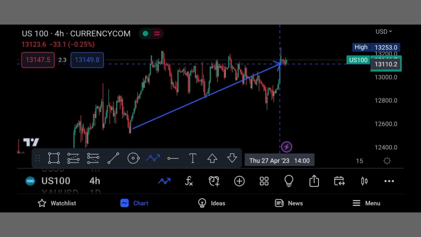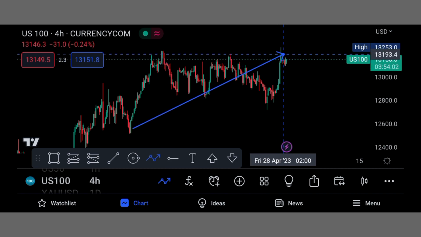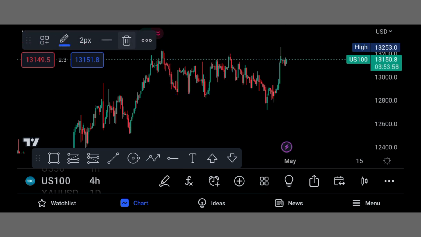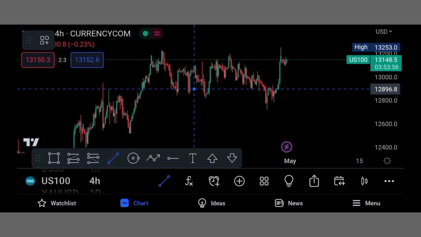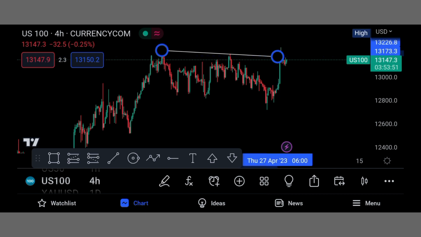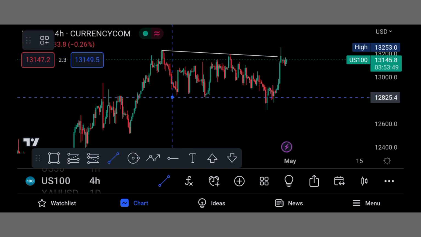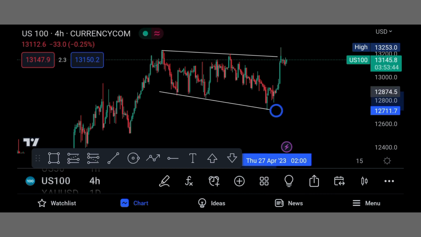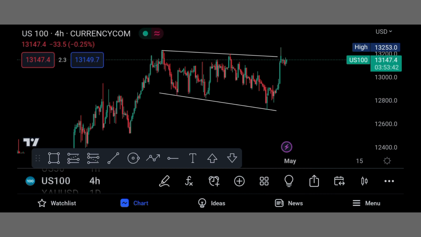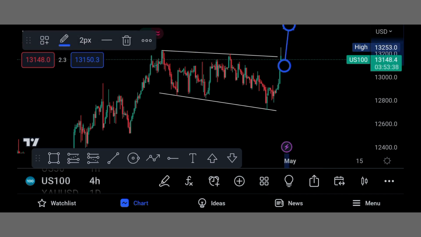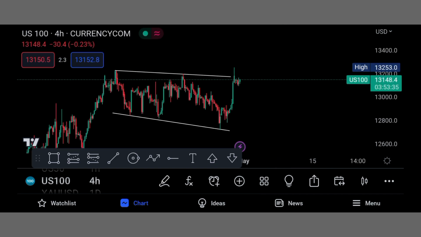We can actually have a deeper correction on a lower time frame and go to the upside, right? So right here we identify our overall movement. On this here we are expecting to push to the upside, right? So that is our overall movement.